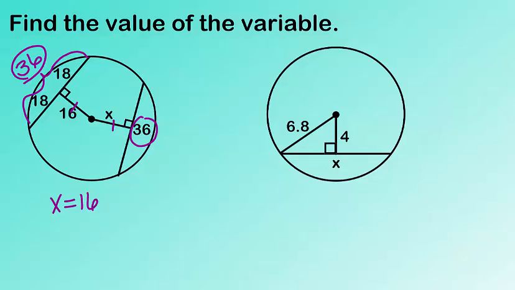In the second one, I know that I could draw an entire diameter through. This would make it perpendicular, so these two pieces would be the same. I can use the Pythagorean theorem to solve for this piece right here, so let's do that.